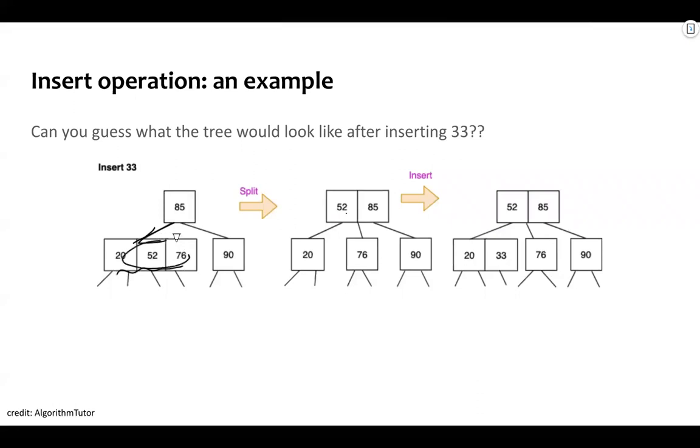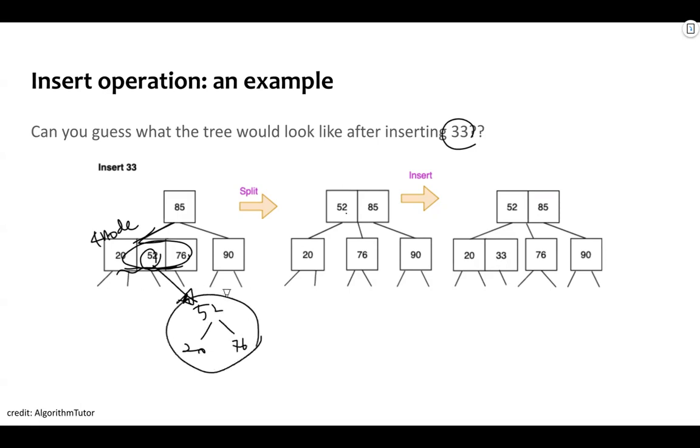However, this node is a 4 node, and we cannot insert 33 here. What we are going to do is split this one, and the center node is going to be a new parent, and the left one and right one become new children. And we are going to add this architecture to this part.